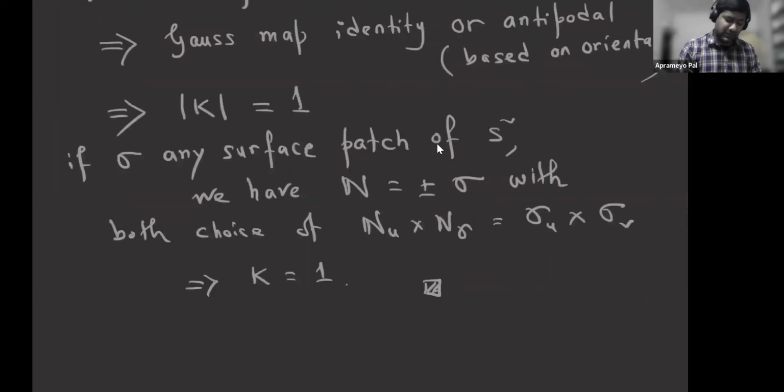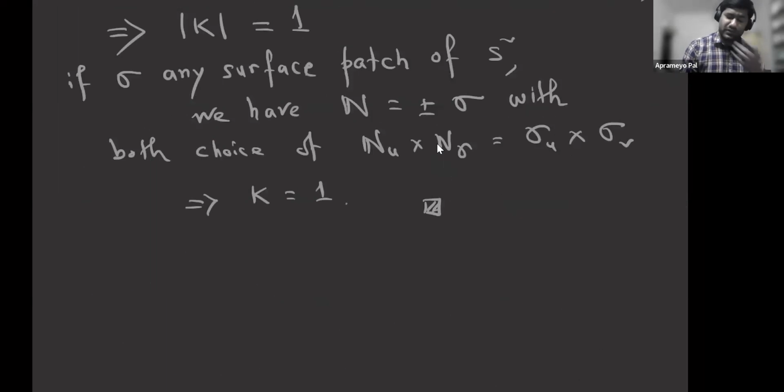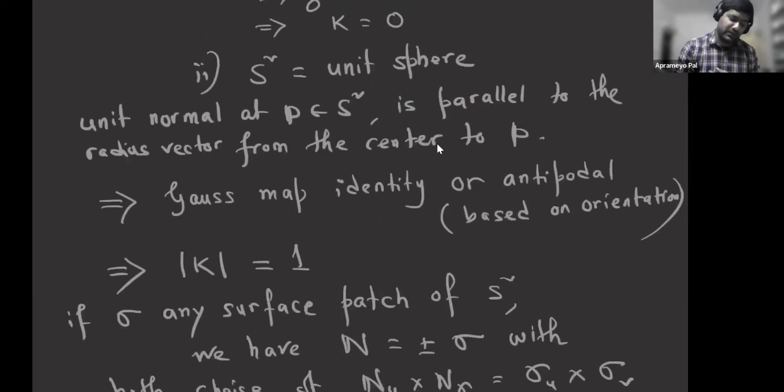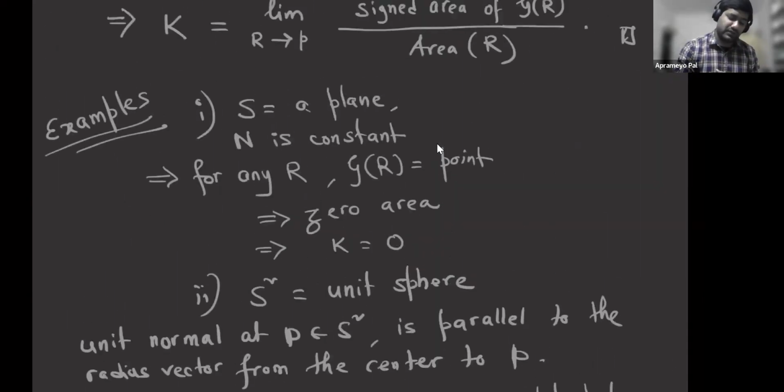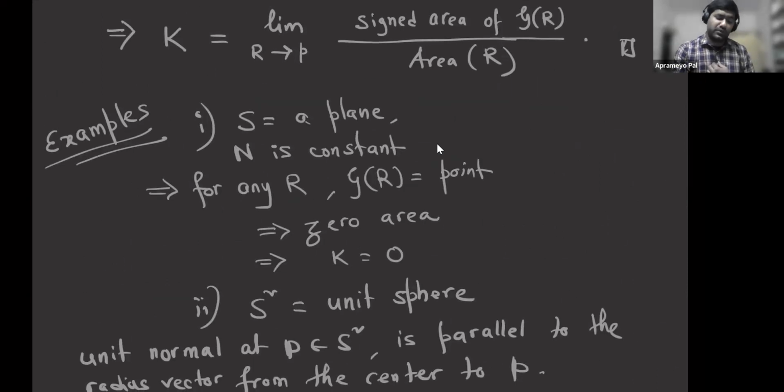Later, in the exercise, you will find out for the torus, for example, you can also use this formula to compute the Gaussian curvature, and similarly for many others.